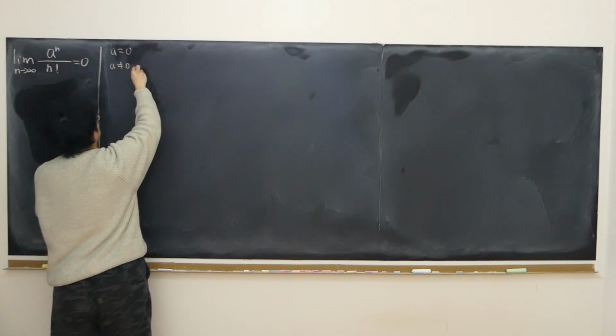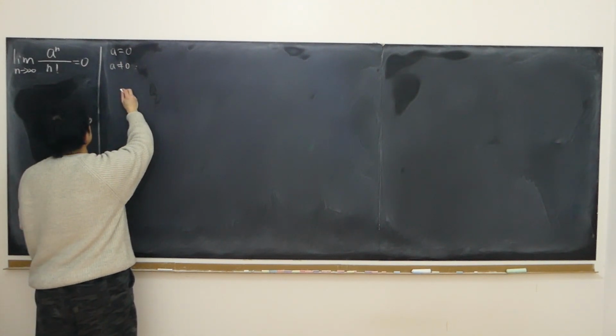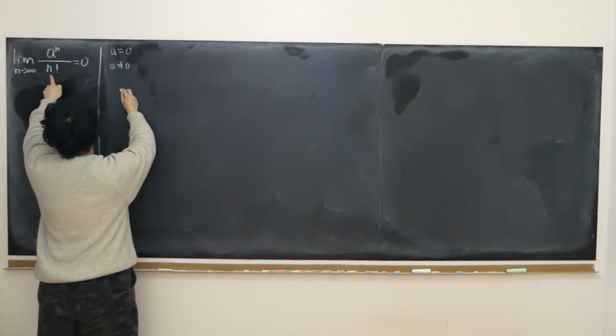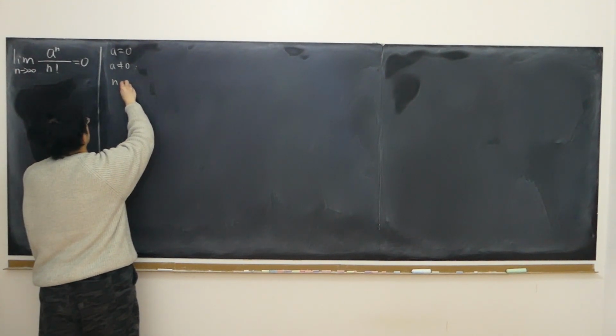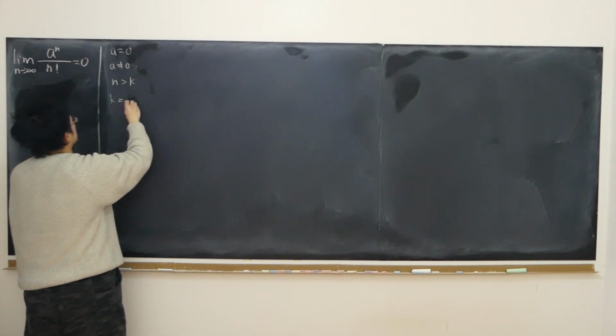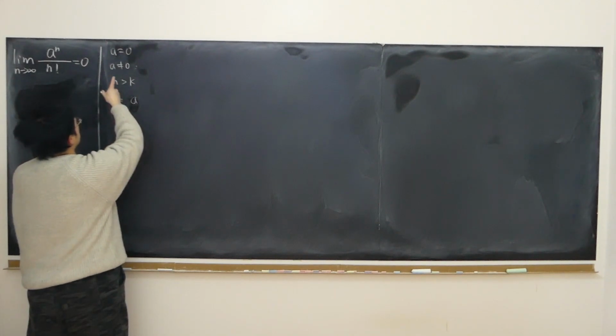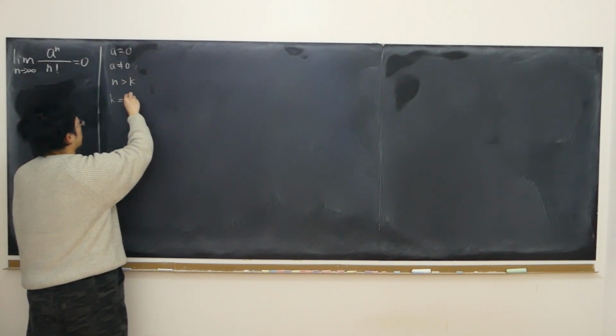In this case, I'm going to let n be big enough so that I have some k where not only n is larger than k, but also k is equal to, because a could be positive or negative, I'm going to use the absolute value of a.